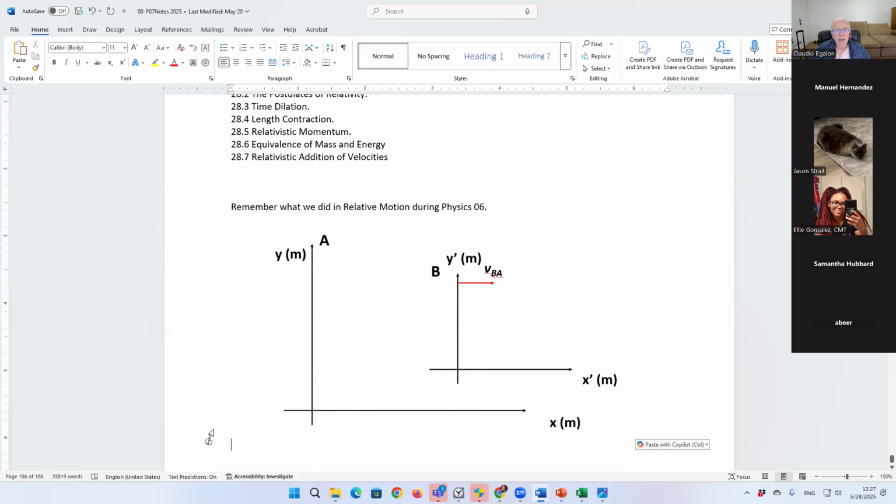And here's the notation that I'm using here: velocity of referential B with respect to referential A. I label the axes X and Y for A, X prime and Y prime for B. That's how I label them. And in physics 6, what do you do?